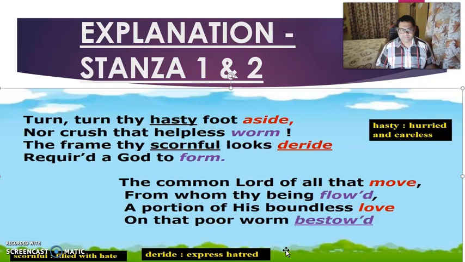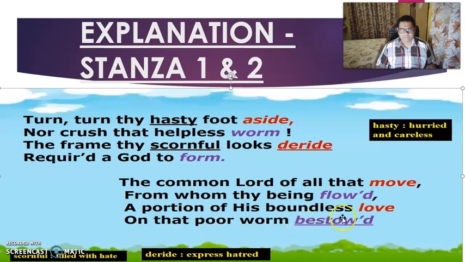The common Lord of all that move. The common Lord means here the God. So the God who has created everybody that is moving, that is living. So which are they? Plants and animals. So even a human being is an animal. From whom thy being flowed, a portion of his boundless love on that poor worm bestowed.